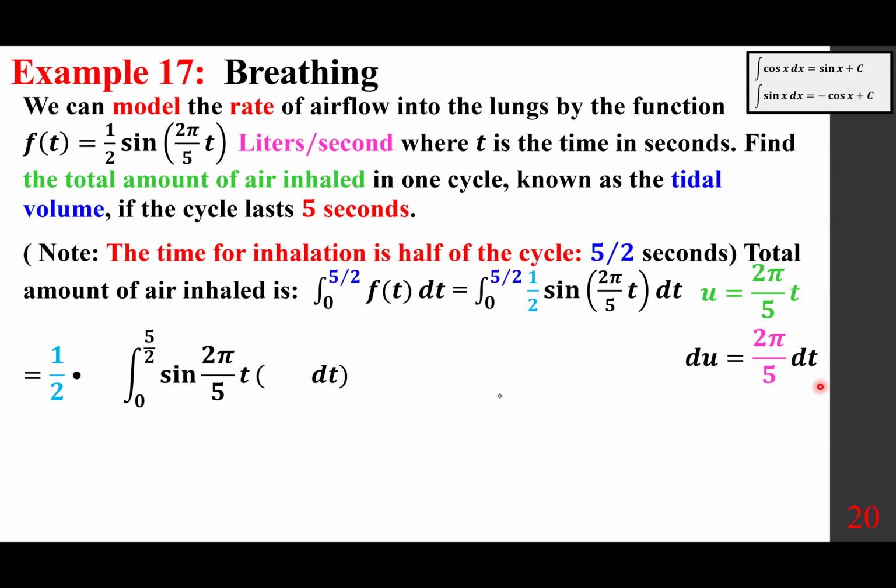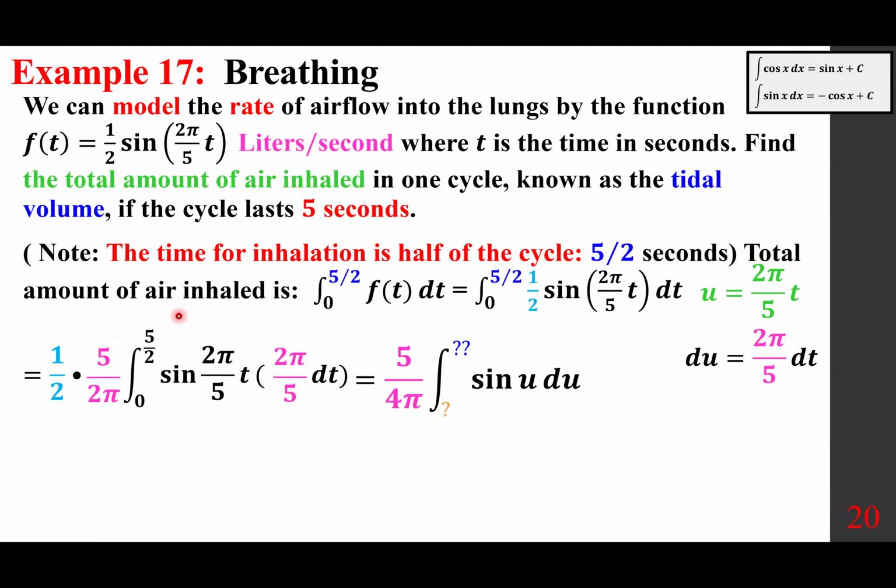Again, you could solve for dt, or simply put 2π/5, put its reciprocal, 5 over 2π, outside. Again, it can be done because it is a number. So you're dealing with sine u du. And what is this one? 5 over 4π. What are the new limits?